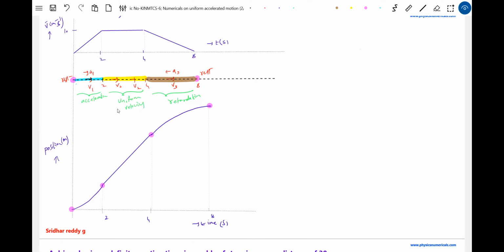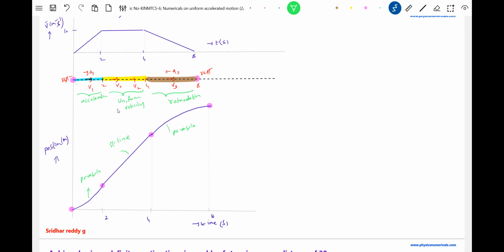Parabola, this is also a parabola. This is a straight line. This is what happens in the position versus time graph. It's a curve, it's a parabola. This is also a parabola. This is a straight line.